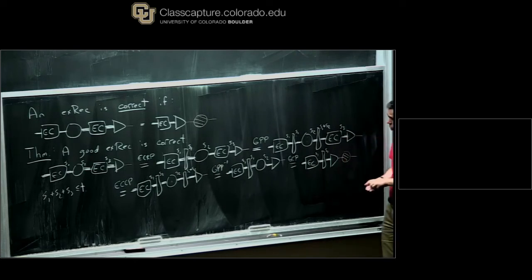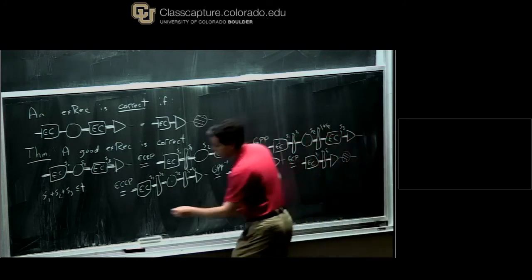Okay, and now we're almost where we want to be, but again, we have to get rid of this filter. And we can do that by applying the ECRP in reverse.